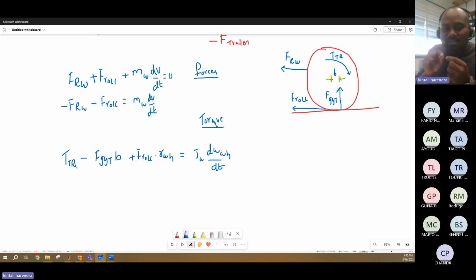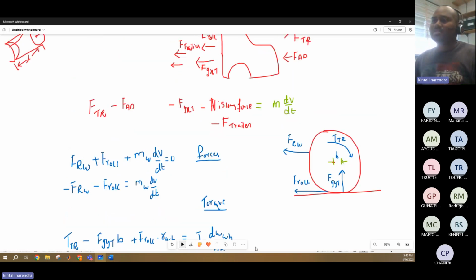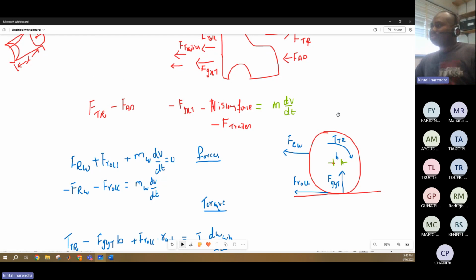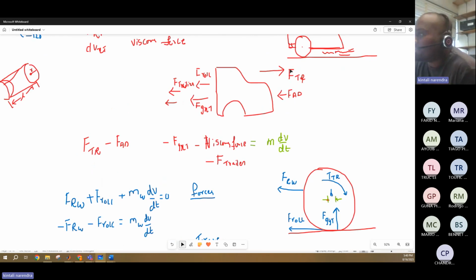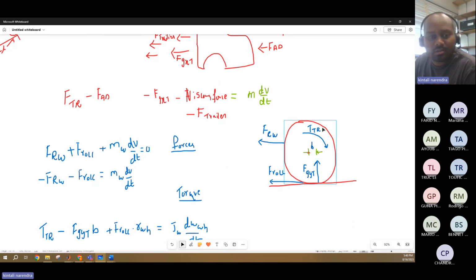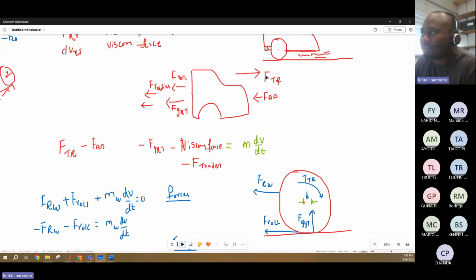So when you consider that the torque is only exerted on the wheel, not on the chassis, then you need to rewrite this equation a little bit more, because earlier we considered FTR and here we considered TTR.